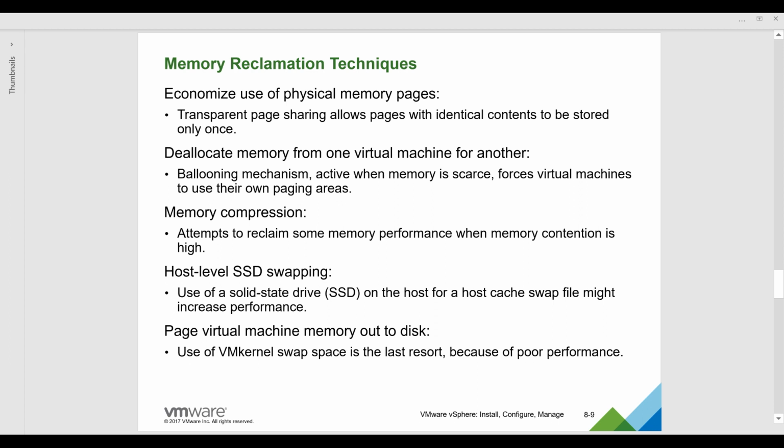So what happens is we have physical memory pages. TPS, or transparent page sharing, allows pages with identical contents to be stored only once. A great example I like to use is Windows always has Explorer.exe running. Well, if it's the same version of Windows, same build, same patches, where Explorer hadn't been patched, TPS knows that, oh, you got 2 Windows virtual machines running.